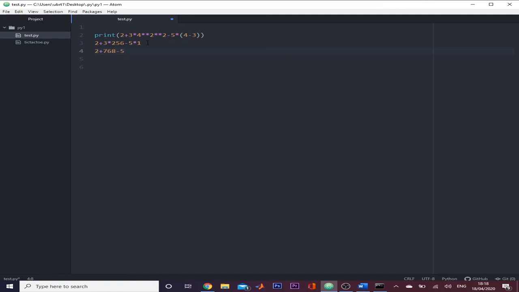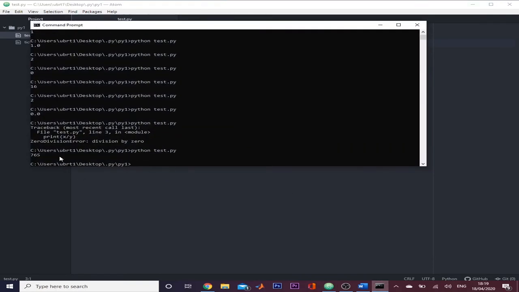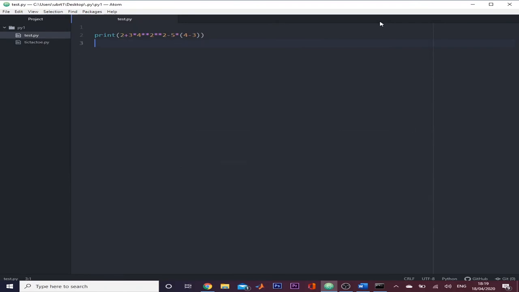So 2 will be added, it will become 770, and 5 will be subtracted, so the answer will be 765. We can confirm it. So the answer is 765. In this manner, our expressions are calculated.